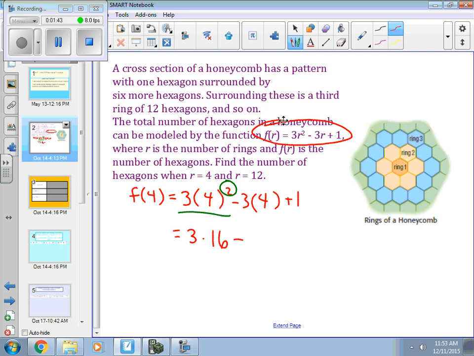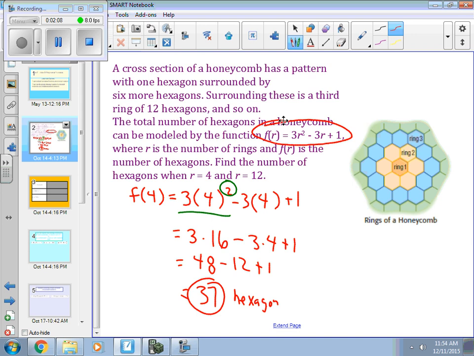Minus, there's no more exponents. So now we need to do the multiplication. 3 times 16 is 48. 3 times 4 is 12, plus 1, so 48 minus 12 is 36, 36 plus 1. There is going to be 37 hexagons total in that fourth ring.